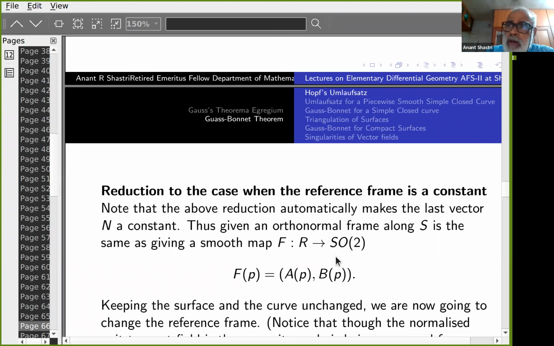Okay, the orthonormal frame itself, when it comes back along the curve, it will not change its direction. It will not have moved 2 pi. It will have moved 0. See, you take A, that's a vector, right? Tangent vector, moving along the curve. When it comes back, would it have moved 2 pi angle? No, it would have moved 0 angle.